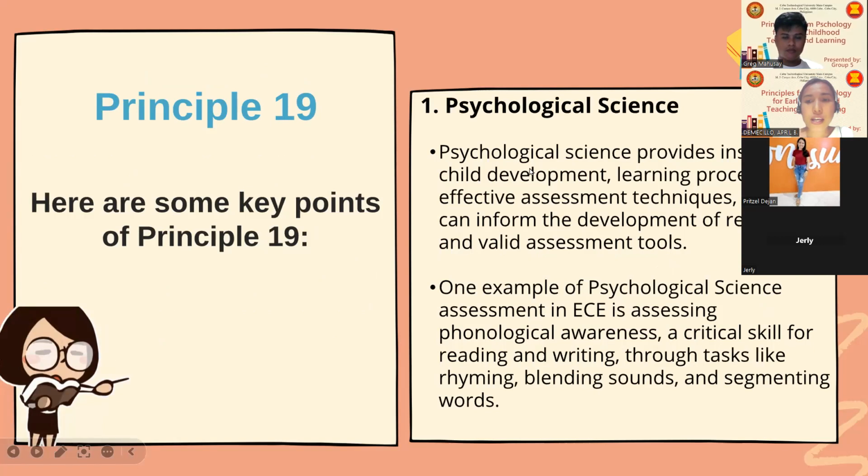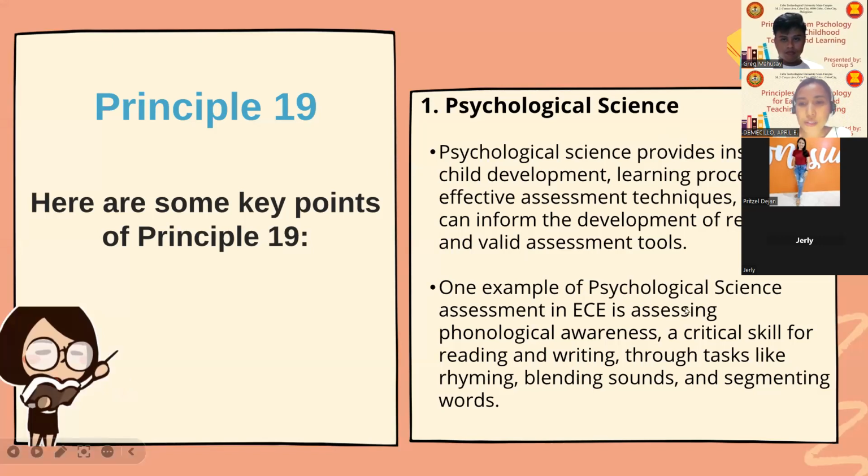Psychological science provides insight into child development, learning processes, and effective assessment techniques, which can inform the development of reliable and valid assessment tools. So if you're going to use assessment tools grounded by psychological sciences, of course, we can avoid biased feedback or biased assessment.